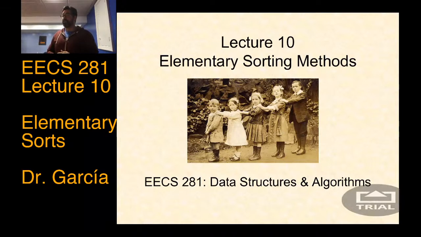So it's important to know the pros and cons of each of the algorithms available for sorting. And even elementary sorts might come in handy in a couple of practical instances, as we're going to talk about later today.